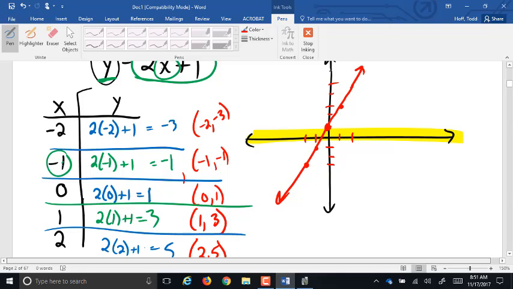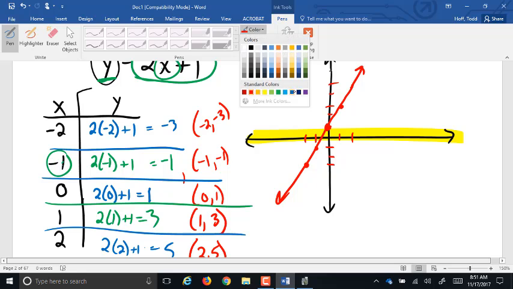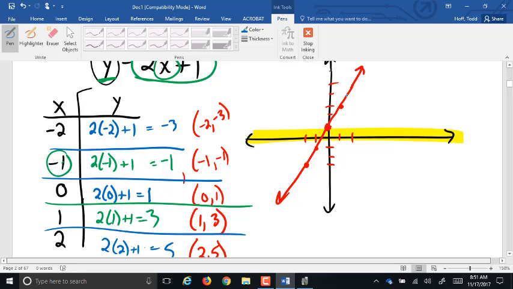So every point on that line is a solution to this equation. If I pick a point right there, I trace it down, let's say that's 1.5. Trace it over, that's going to be 4. When x is 1.5, y is 4. That's a solution.